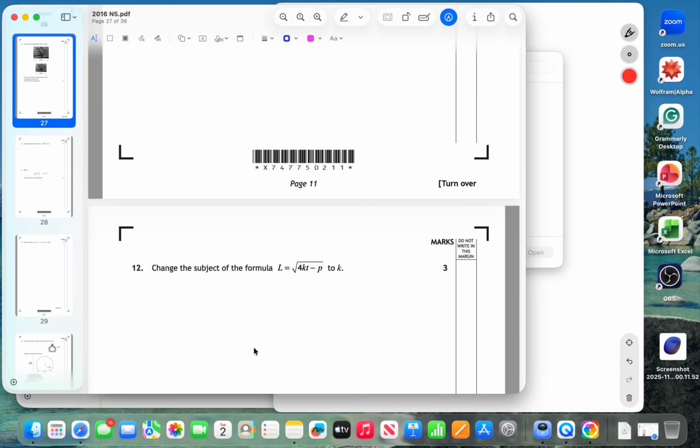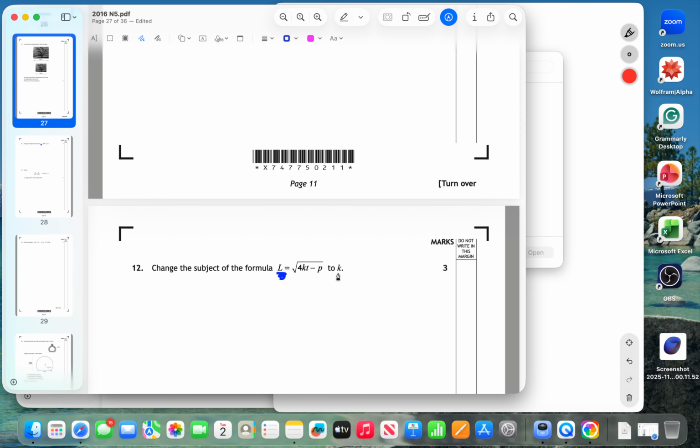We have here question 12 of the 2016 National 5 Maths paper 2, and we have to change the subject of a formula from L to K. We see that L is the subject because L is the term on its own, and we have to get K as the subject of the formula.